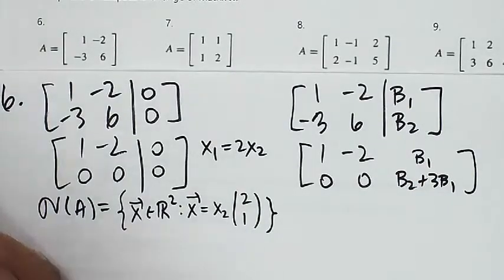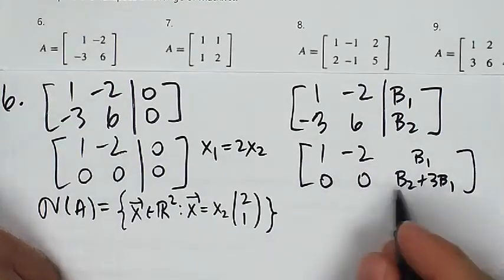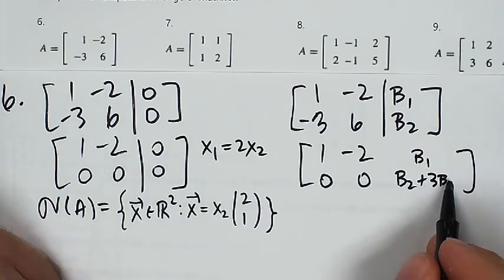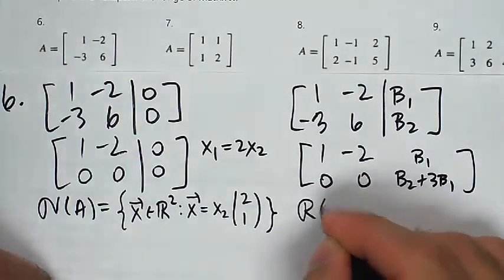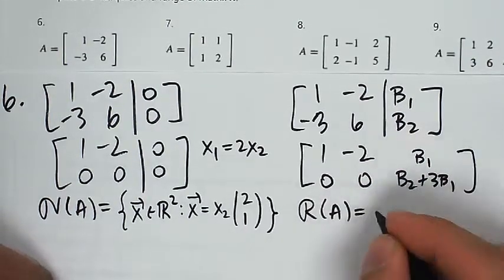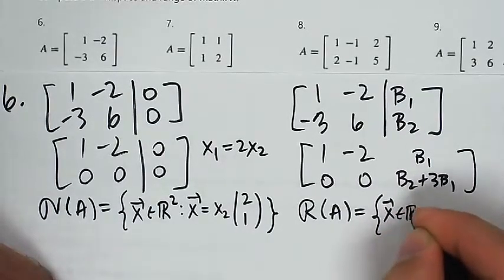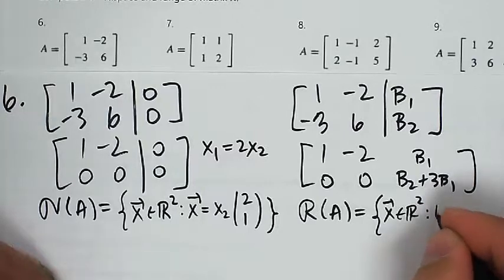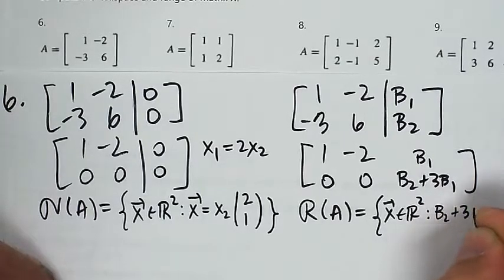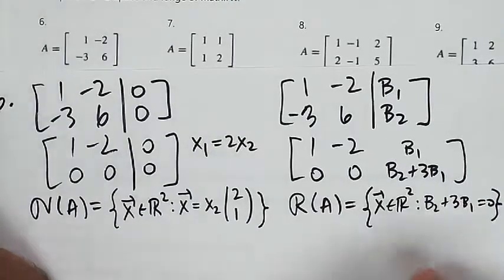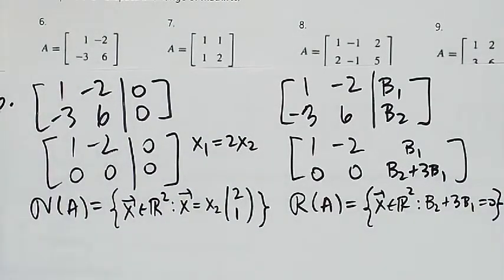Okay, that's reduced echelon form as far as I can go. So for this to actually have any outputs, not be inconsistent, I need B2 plus 3B1 to equal 0. So the range of A is equal to the set of all vectors in R2 where B2 plus 3B1 equals 0. That's a perfectly valid way to express that with an equation.